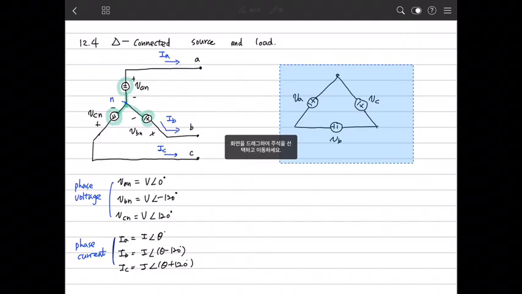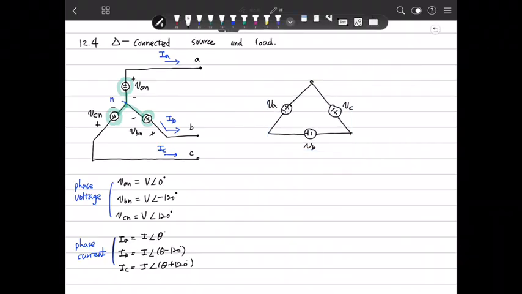And move this here, and make the same terminals in this manner: B and C and A. So this is VA and VB and VC. We call this the shape of delta, so we define this as a delta connection.